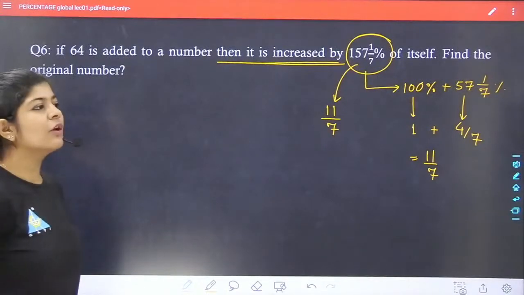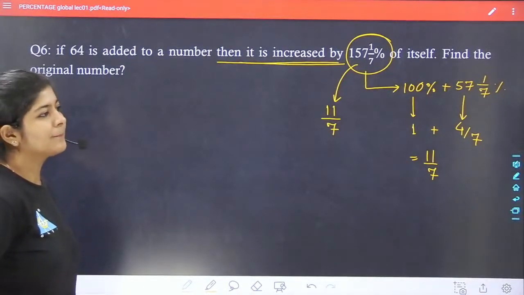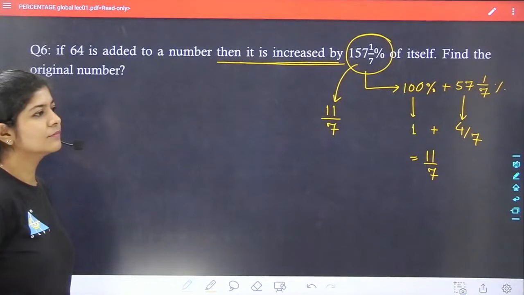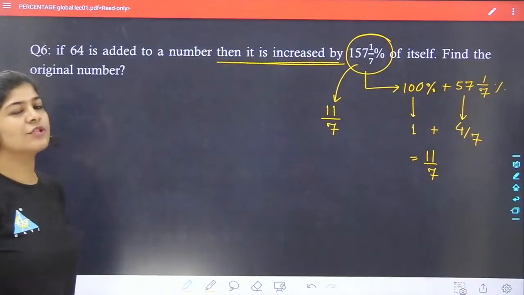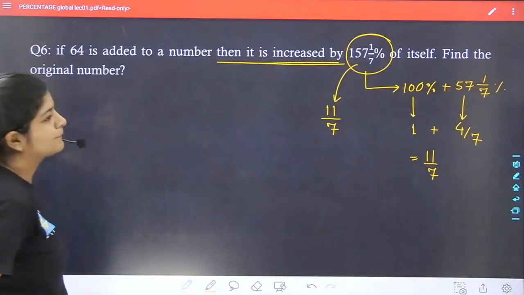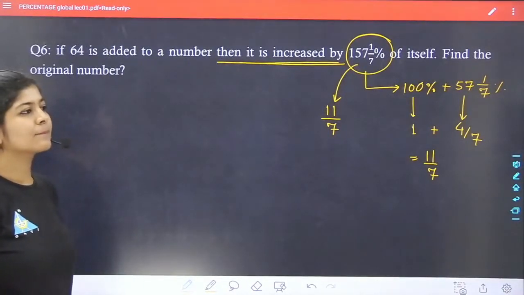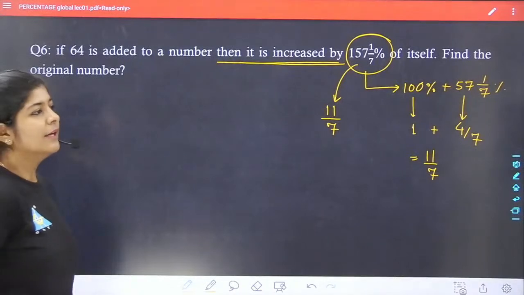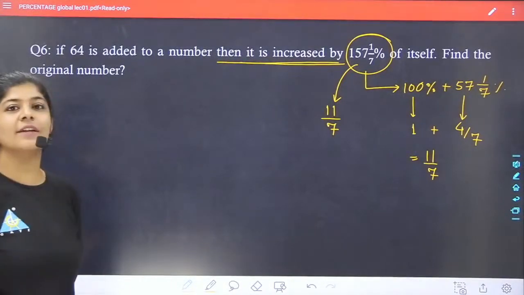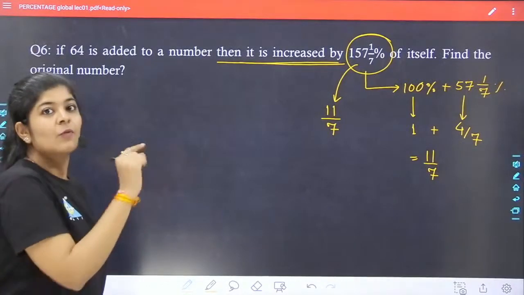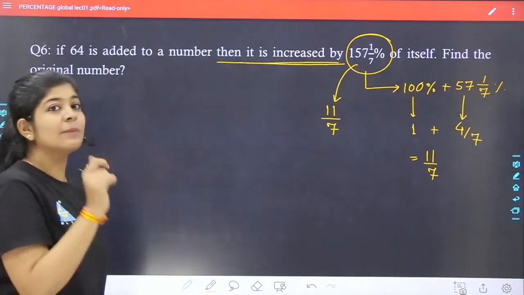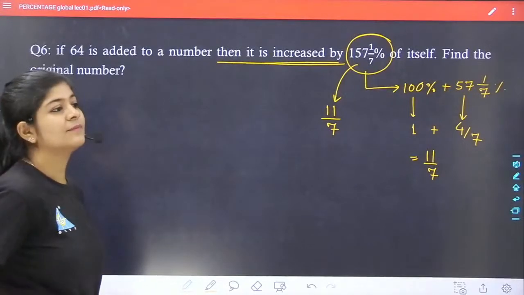So what is the value of the original number? If 64 is added to a number, then it is increased by 157 1 by 7% of itself.